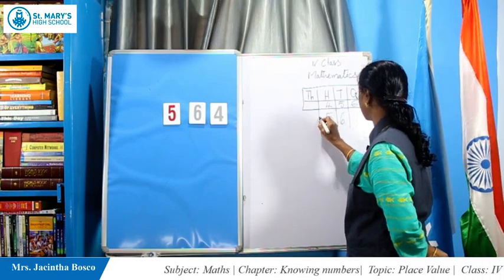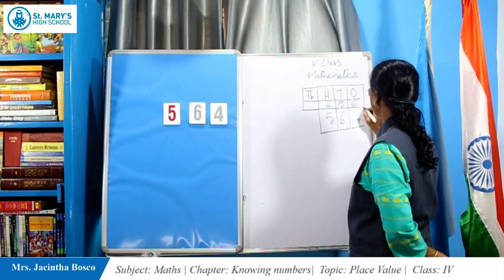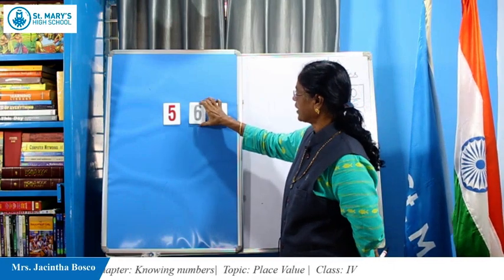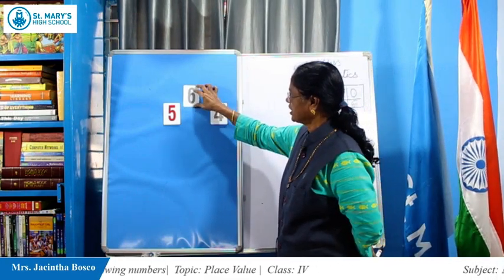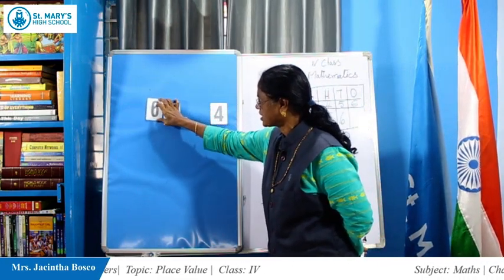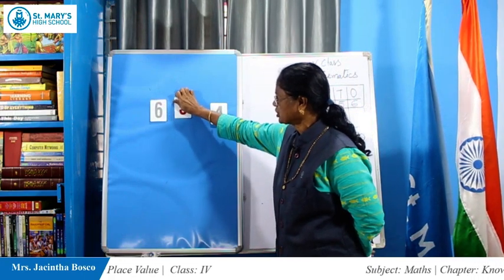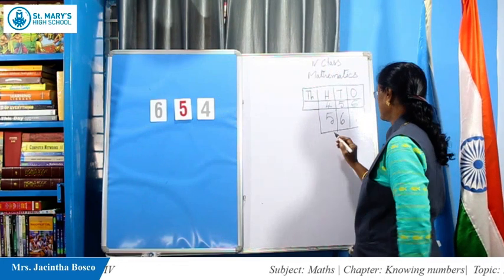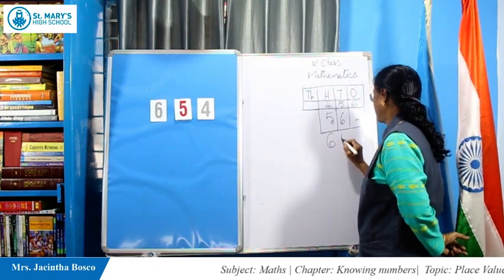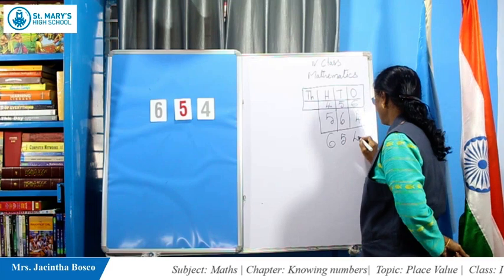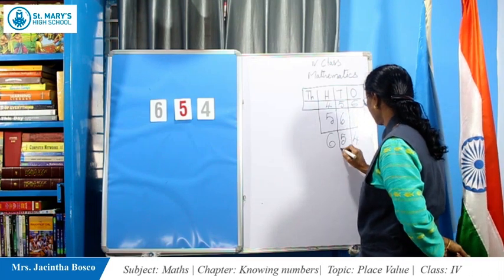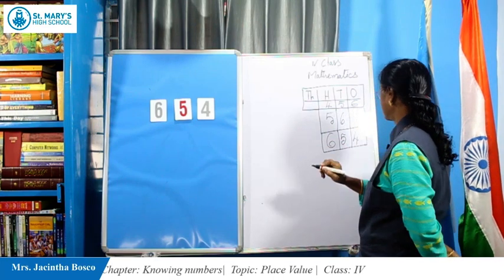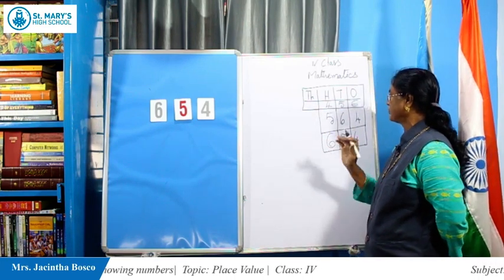See the magic there. Now I am going to change this 6 and put 5 in the middle. What did you get? 654. Same 3-digit numbers only we are using, but we are getting different numbers.